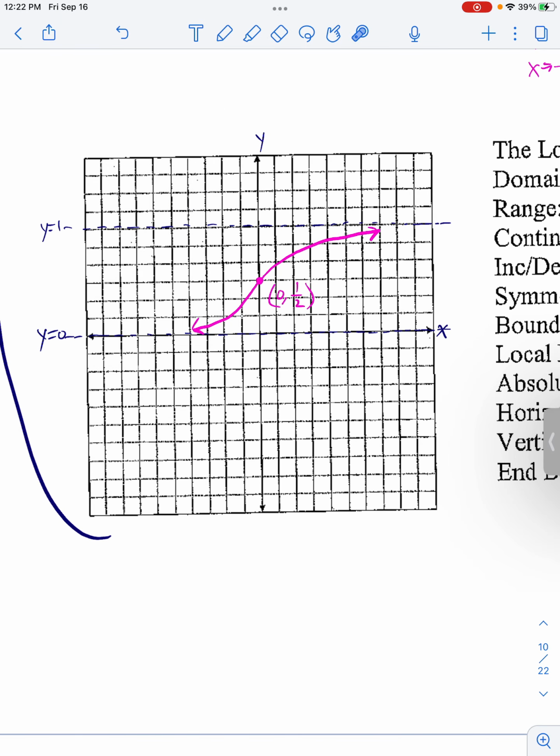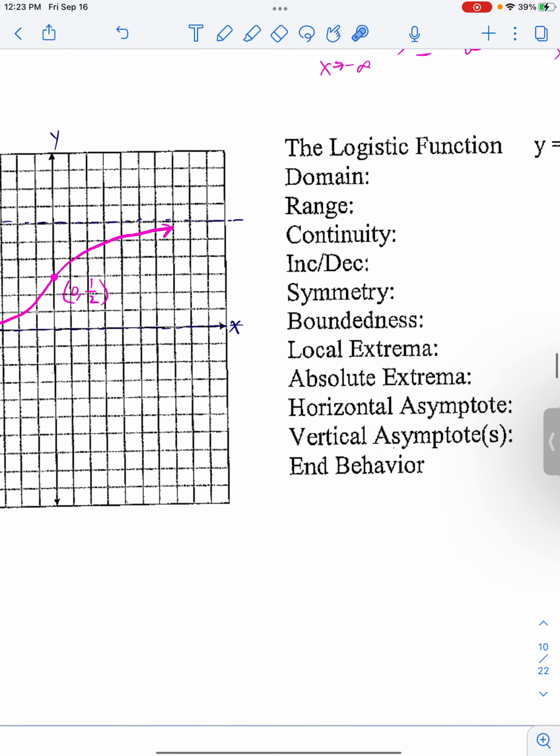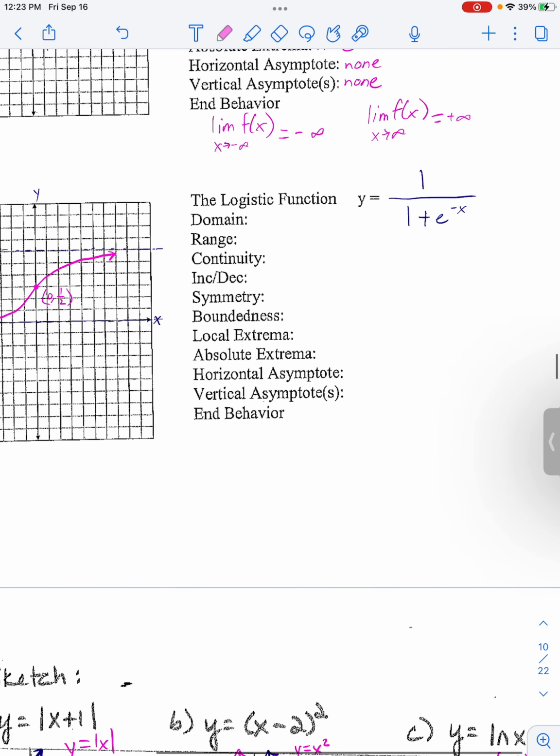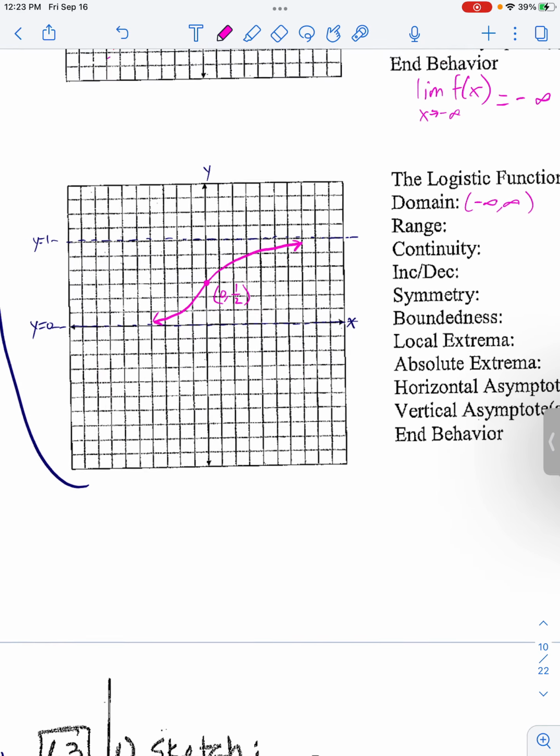All right, so I start here and then I go up to this horizontal asymptote at y equals positive 1. As I go to the left, I go down to this horizontal asymptote at y equals 0, okay? The domain here, notice there's nothing I can't plug in for x, so the domain is all reals. The range, all right?